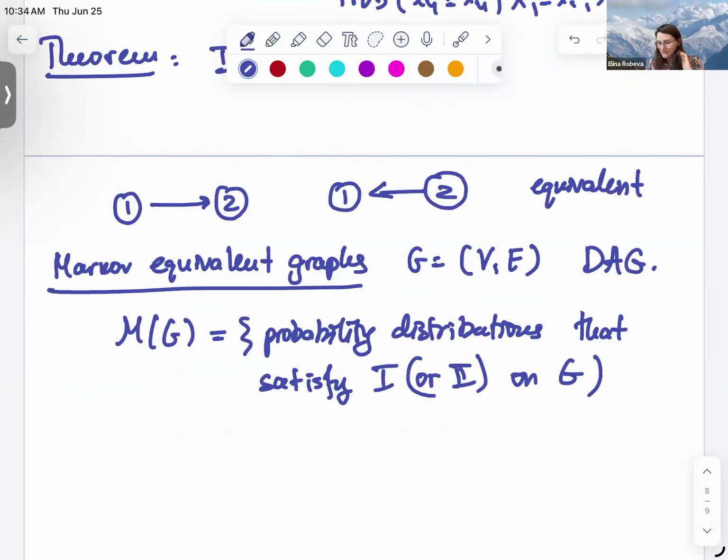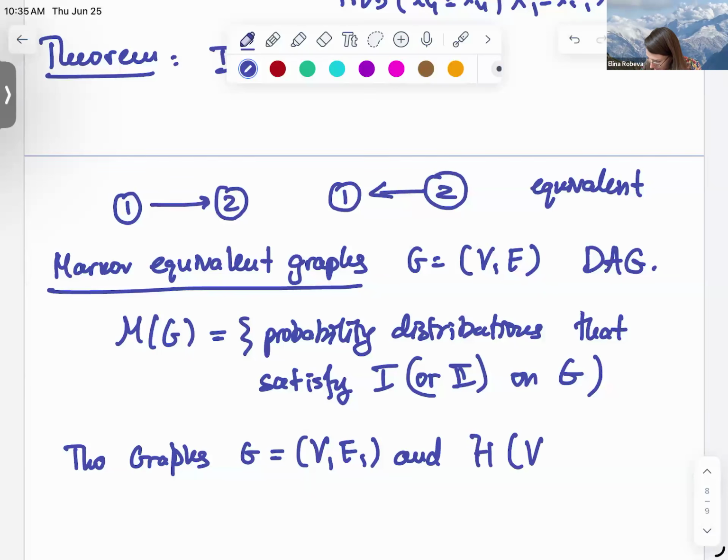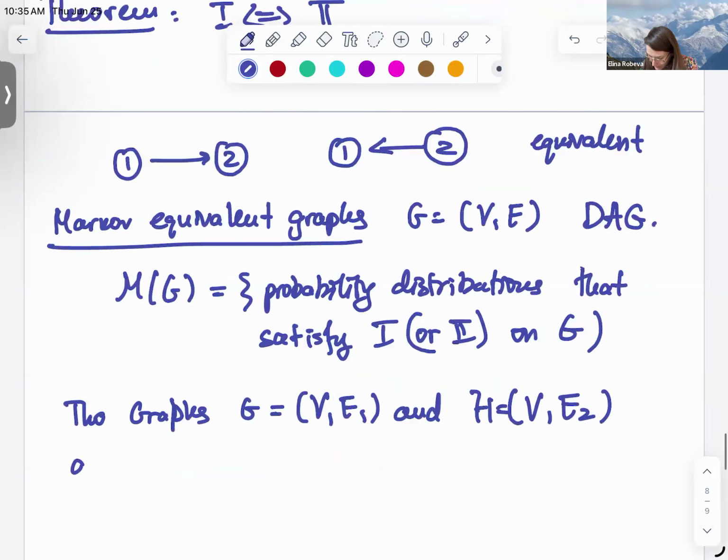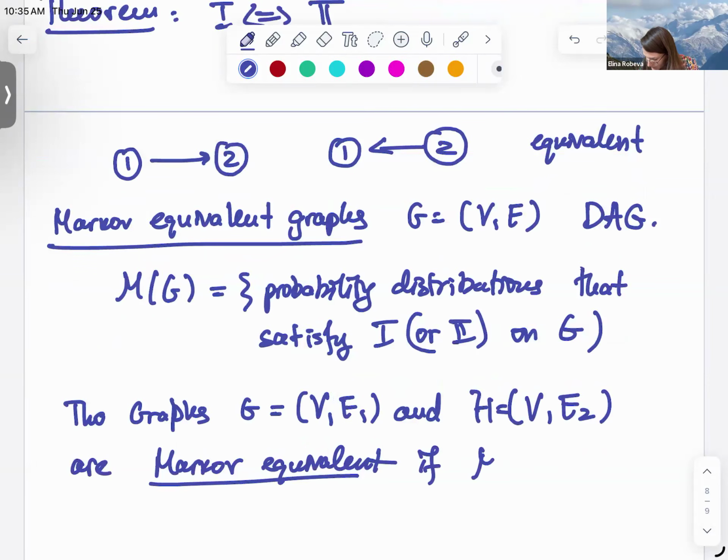The model consists of all distributions that satisfy this. And two graphs G and H on the same set of vertices, but maybe different edges, are Markov equivalent if they have the same models, if M_G is M_H. So what does this mean?